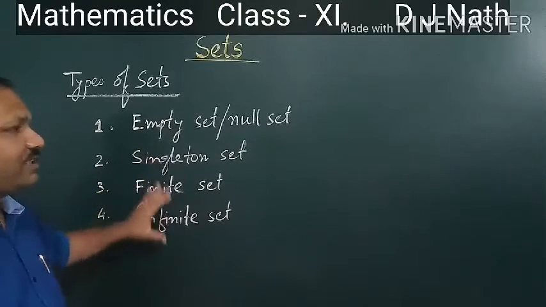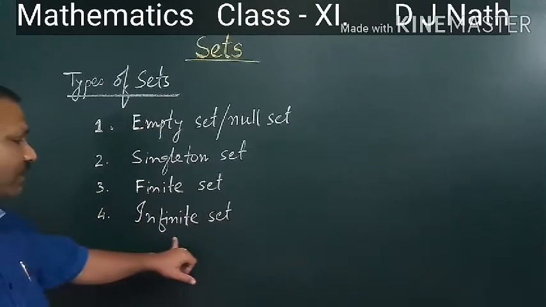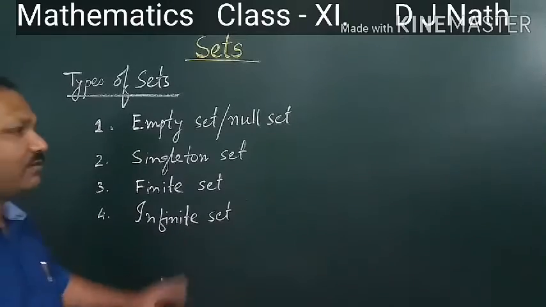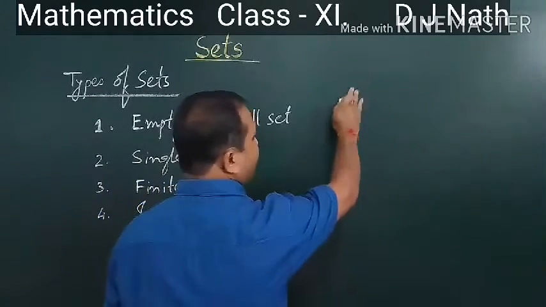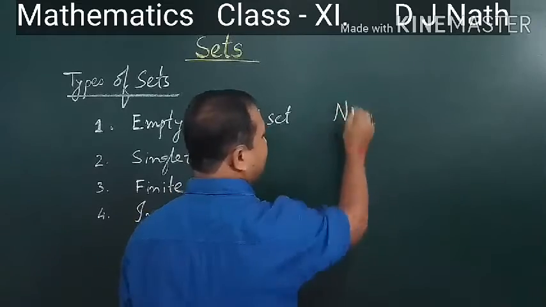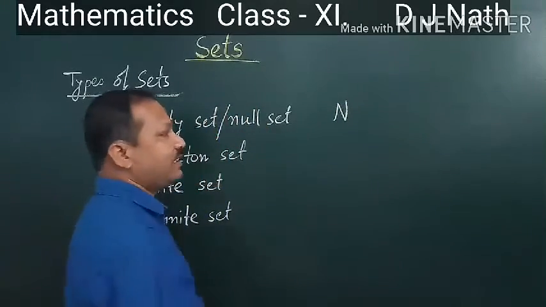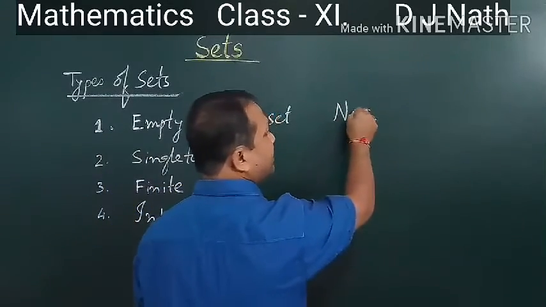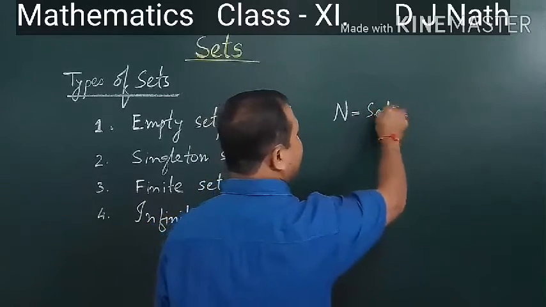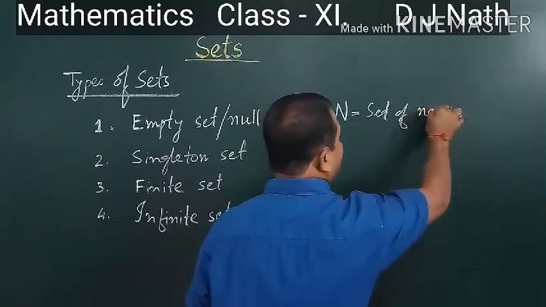So these are some of the types of sets. Now, we have also learned in previous classes what these represent. Capital N is the set of natural numbers.